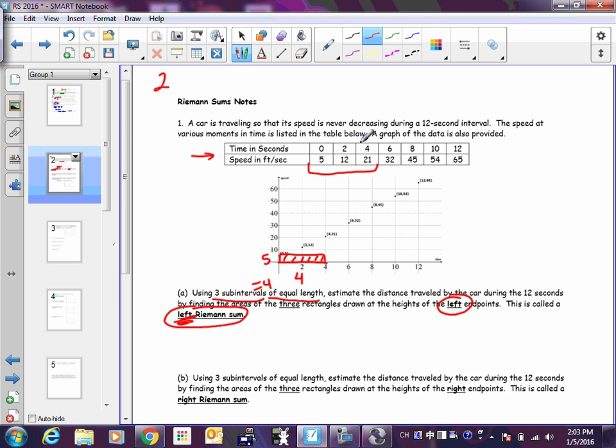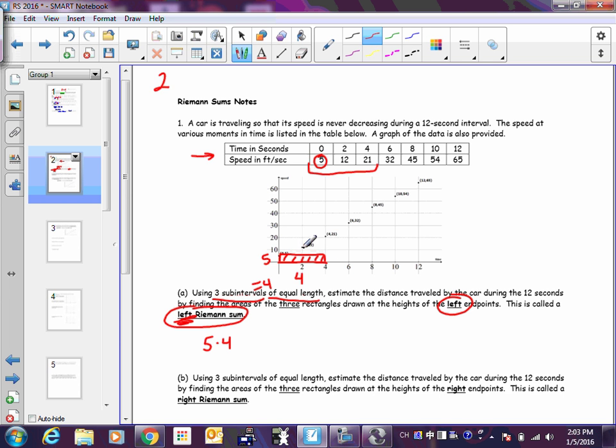So 0 to 4 we have 3 different speeds, 5, 12, and 21. For a left Riemann sum I need to use the left number 5 and I need to multiply that by the time, which is 4. So whether you're using the numbers from the table or the graph, you get 5 times 4. It's the area of the rectangle. That represents the total distance traveled.